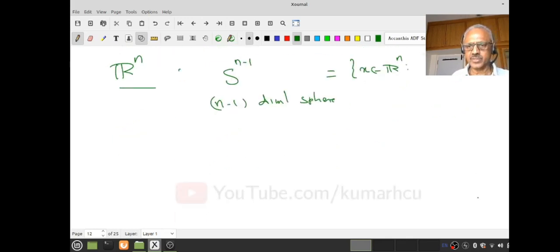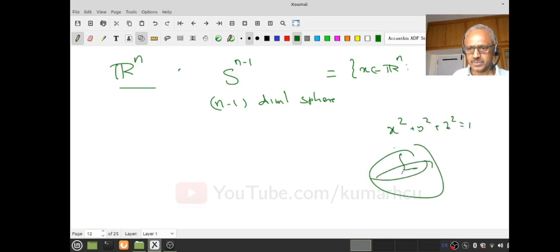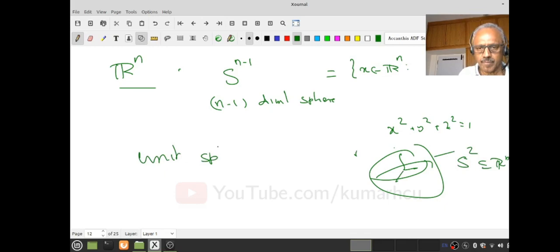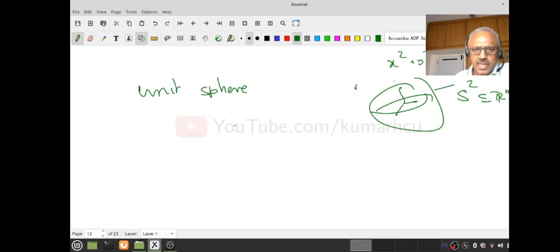In the case of n equal to 3, it is the set of points x, y, z so that x squared plus y squared plus z squared equals 1. This is the sphere S2 sitting in R3, called the unit sphere. In topology, this is one of the most important examples. I want to know whether this is connected.